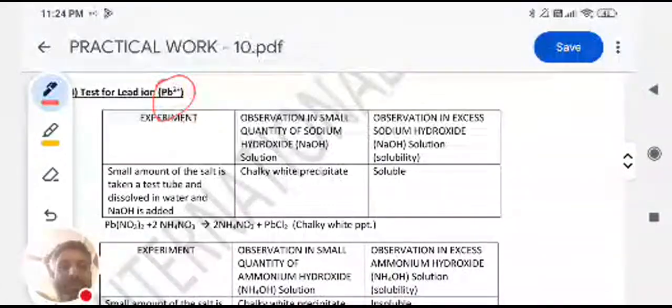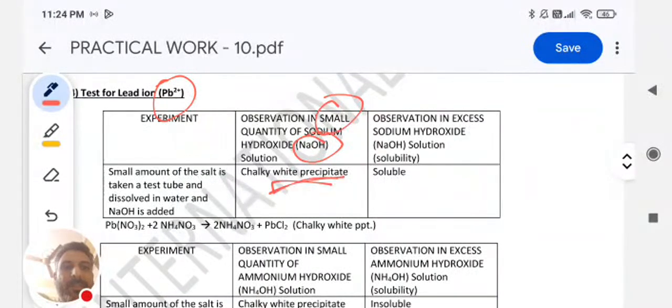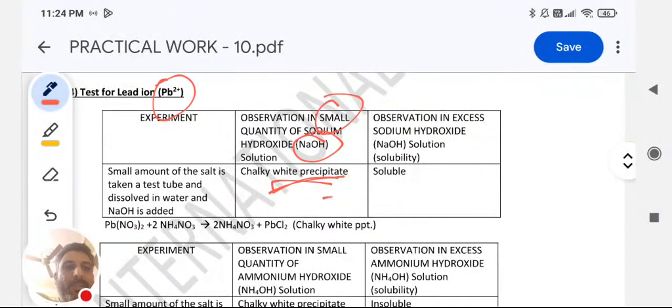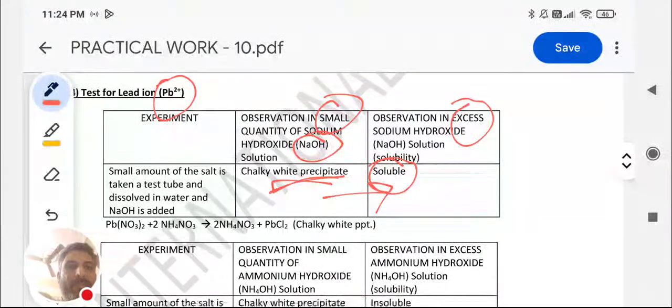Then the test for lead ion. Now this lead salt solution, when treated with small amounts of sodium hydroxide, forms a chalky white precipitate or simply white precipitate, which is soluble in excess sodium hydroxide.